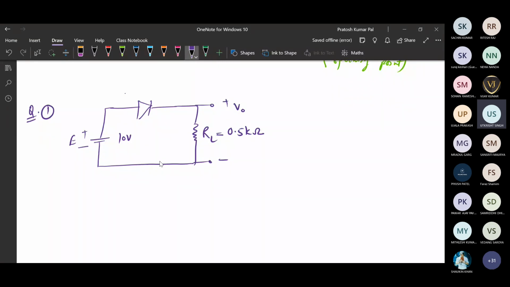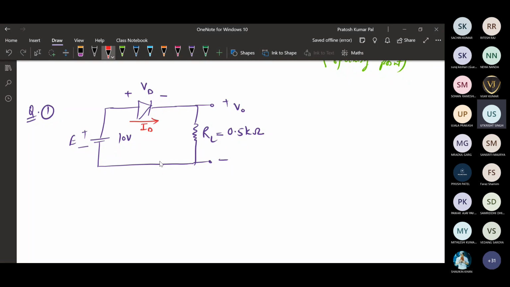Here this is the voltage drop across the diode, and the current in the diode should flow only in this direction. That means the current should flow from the positive or p type side to the n type side. This is the conventional current direction.